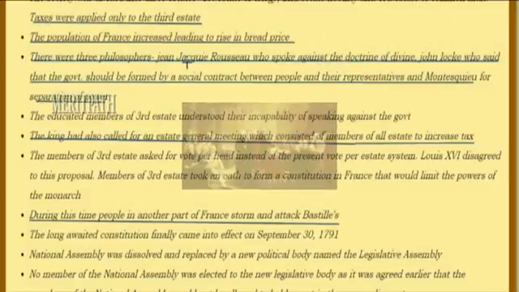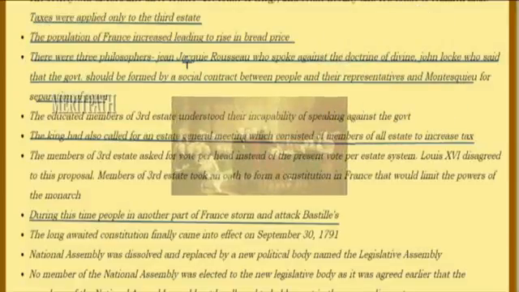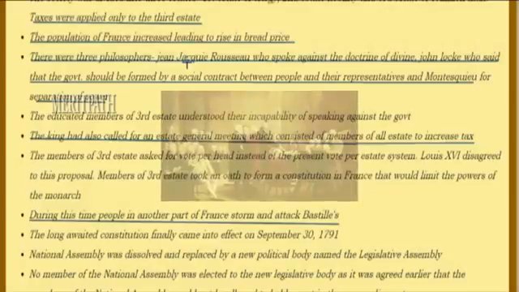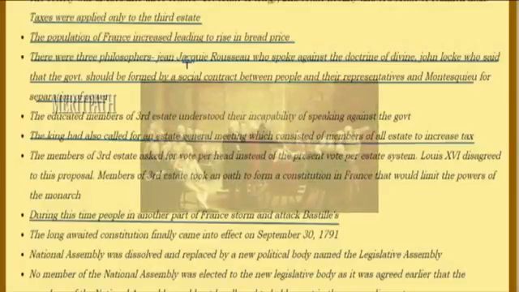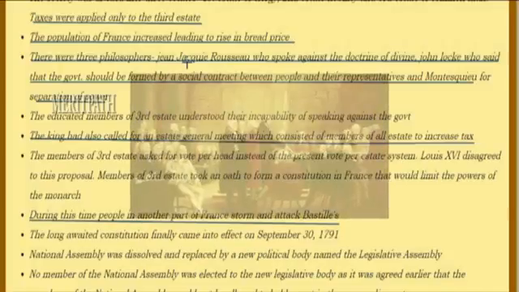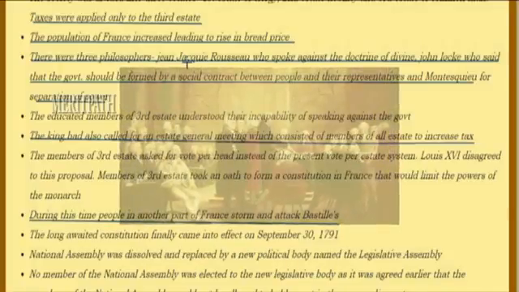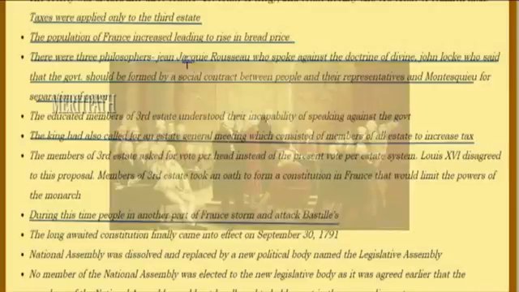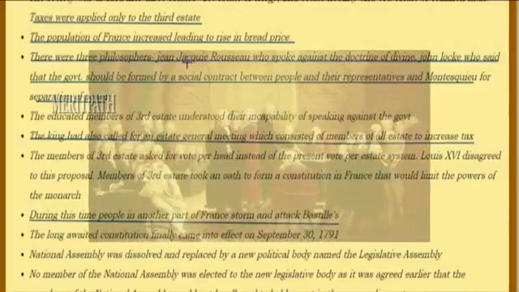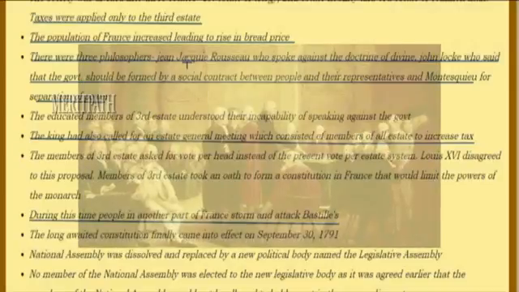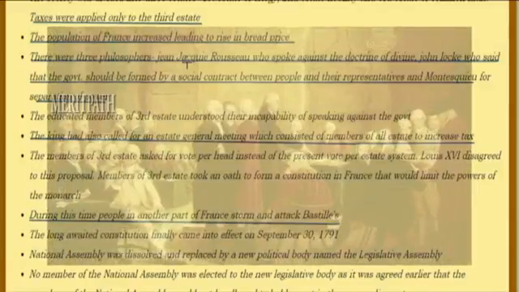The educated members of the third estate understood their incapability of speaking against the government. The King had also called for an Estates-General meeting, which consists of members of all the estates, to increase the tax. The members of the third estate asked for a vote per head instead of the present vote per estate system.